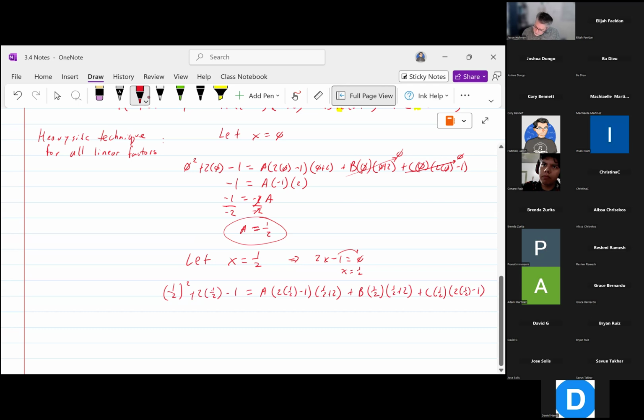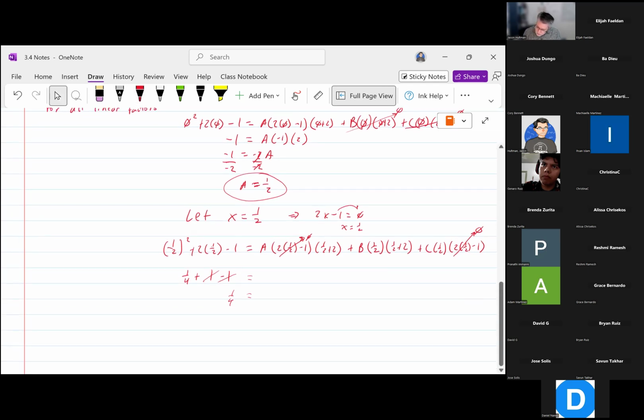And again, these will go to 0. Oops, not that one. That one and this one will go to 0. And that will wipe out the a and the c. On the left side, we get 1/4 plus 1 minus 1. Well, that's kind of nice, because that becomes 1/4. The a and the c are gone because we end up multiplying by a 0, which is the whole idea of the technique.